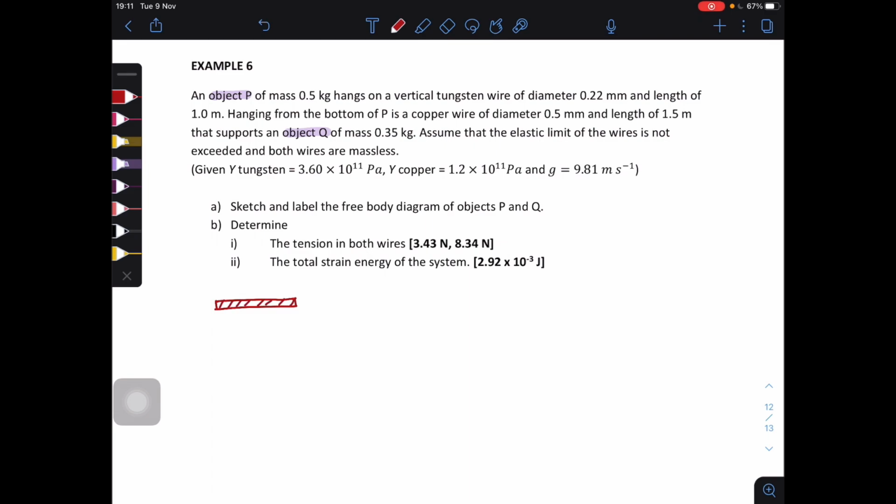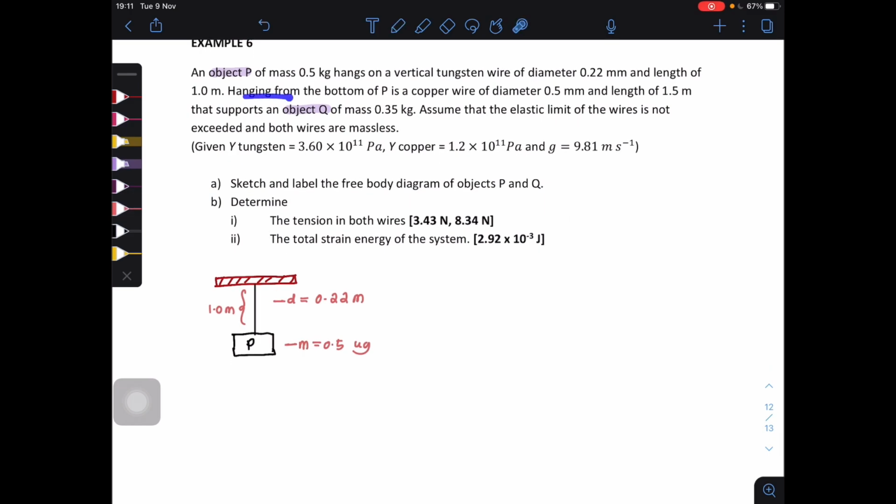And then kita ada tungsten wire, and then dekat bawah tergantungnya objek P, di mana objek P ni mass dia adalah 0.5 kg, and then the wire, so this is the tungsten wire with diameter 0.2 mm and the length of the wire is 1 meter.